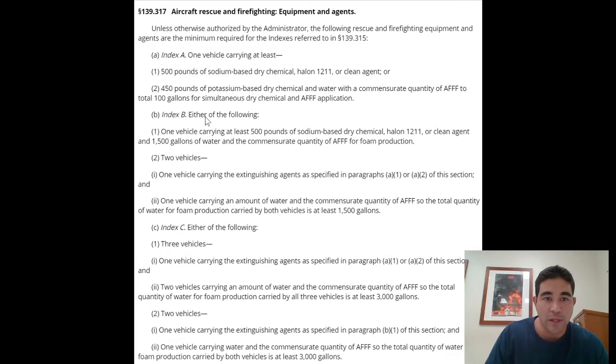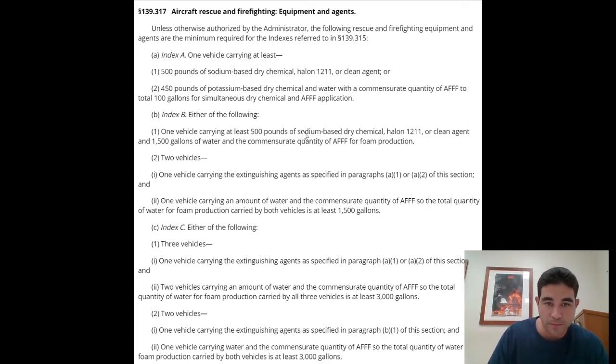Okay, so your index B, now you're one vehicle carrying, same as this. So you need one vehicle carrying 500 pounds dry chem, or 450 pounds potassium base. And now you need 1,500 gallons of water and the commensurate quantity of AFFF foam for foam production.